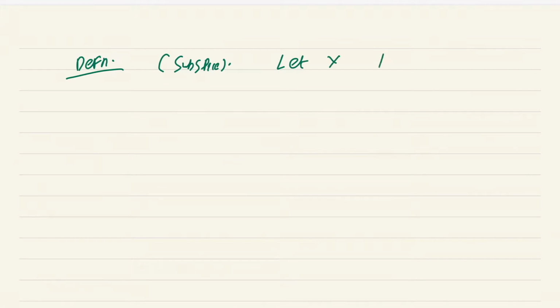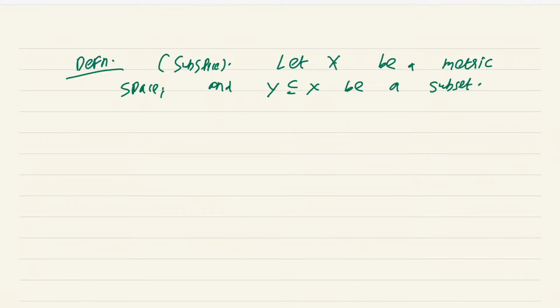Let X be a metric space, and Y subset of X be a subset. On Y we can define a metric. This is just d restricted to Y cross Y.